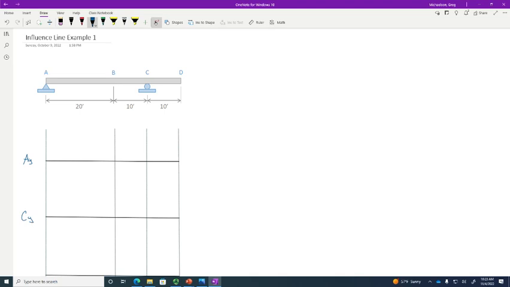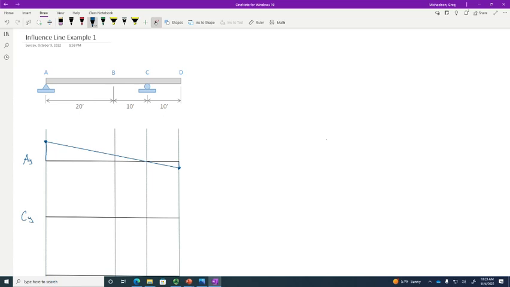And if I take point A and lift it up 1, the influence line for the reaction at A looks kind of like that. Would that make sense? That is the influence line for the reaction at A.